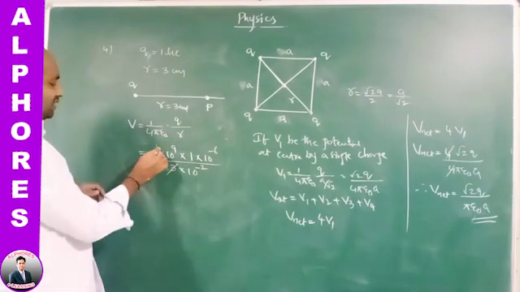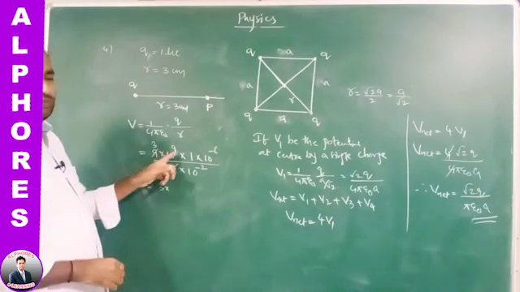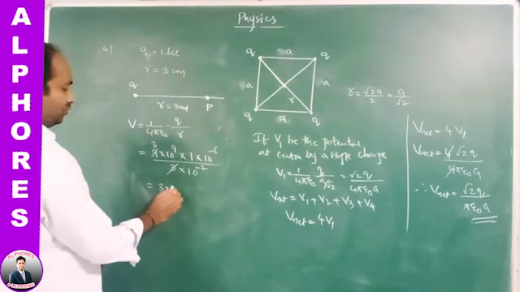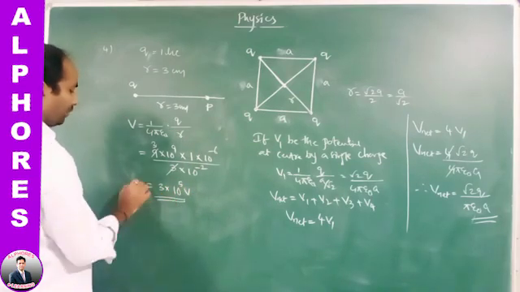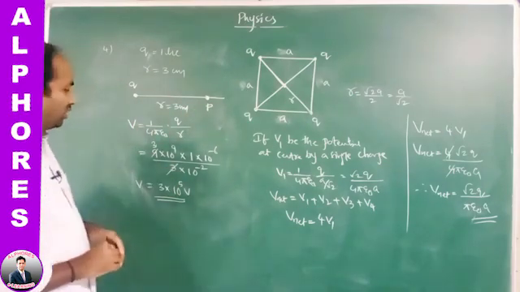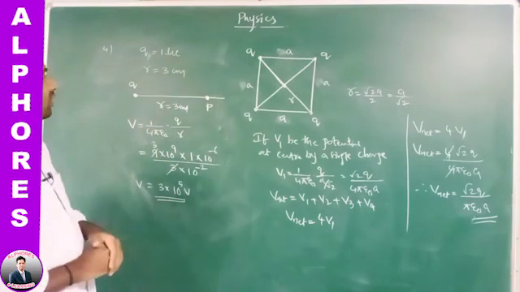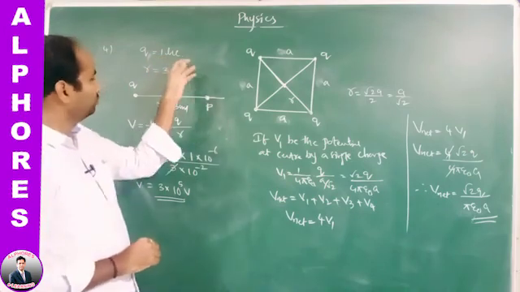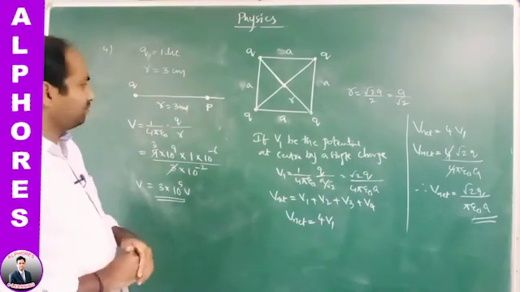3 ones are 3, and for the powers, 9 minus 6 plus 2 gives 3 into 10 to the power of 5 volts. So V is equal to 3 into 10 to the power of 5 volts. When a point charge is kept in free space, we find the potential at a distance of 3 centimeters.